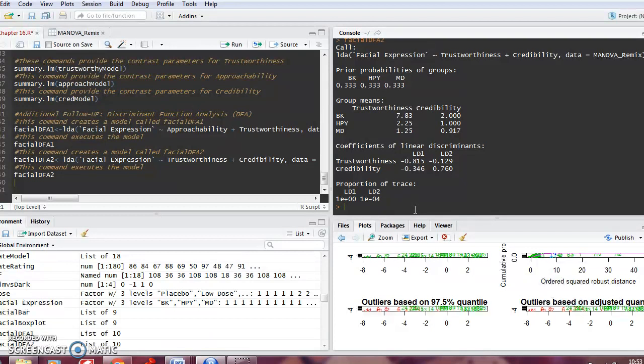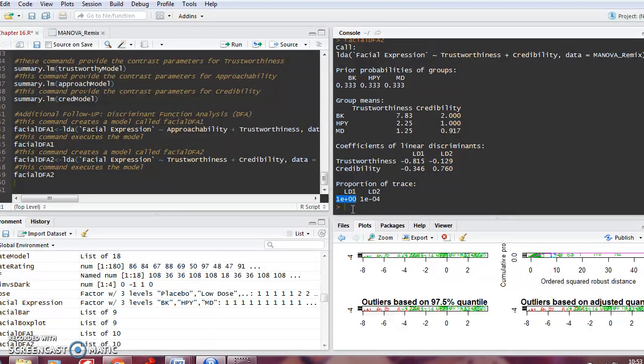For trustworthiness, we notice that it also has a negative relationship with the second variate. However, with this variate, once again, it is very weak. So that's something to consider. But when you look at credibility, we notice that it's a positive and strong relationship with the second variate. So that's kind of cool.